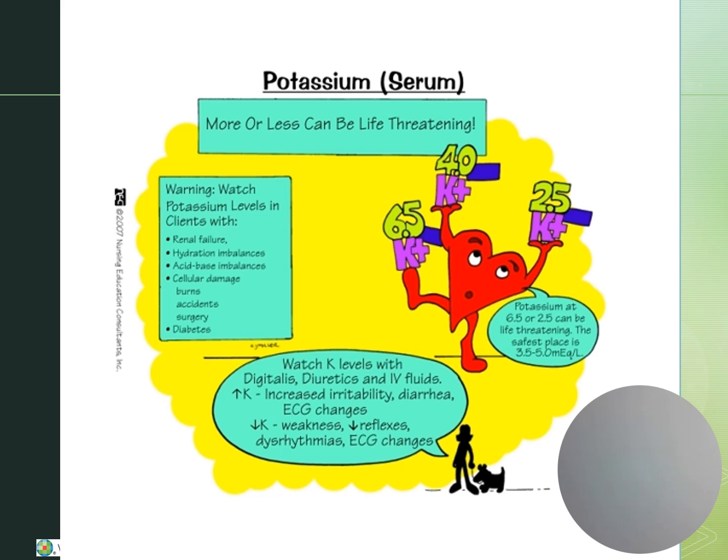That would include ventricular tachycardia, ventricular fibrillation, and asystole. So a high potassium, a low potassium, if it gets too high or too low, we could potentially have life-threatening cardiac dysrhythmias. This is something very important to remember. We need to monitor these clients' cardiac status.